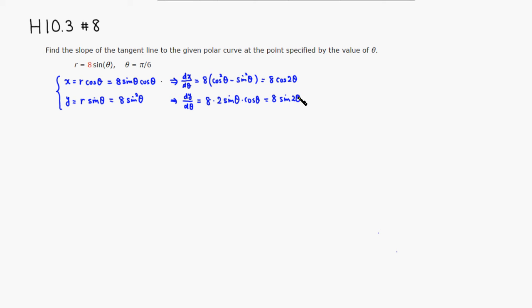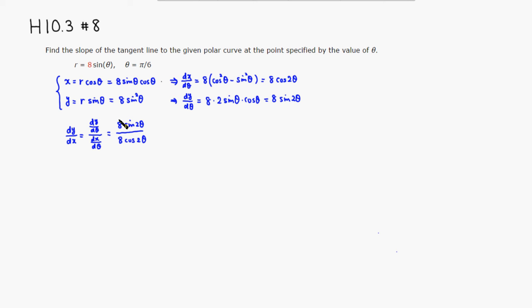Now we're ready to find the slope of the tangent line, because we can find that dy over dx is equal to dy over d theta divided by dx over d theta. dy over d theta, we found to be 8 sine of 2 theta, and dx over d theta is 8 cosine of 2 theta.